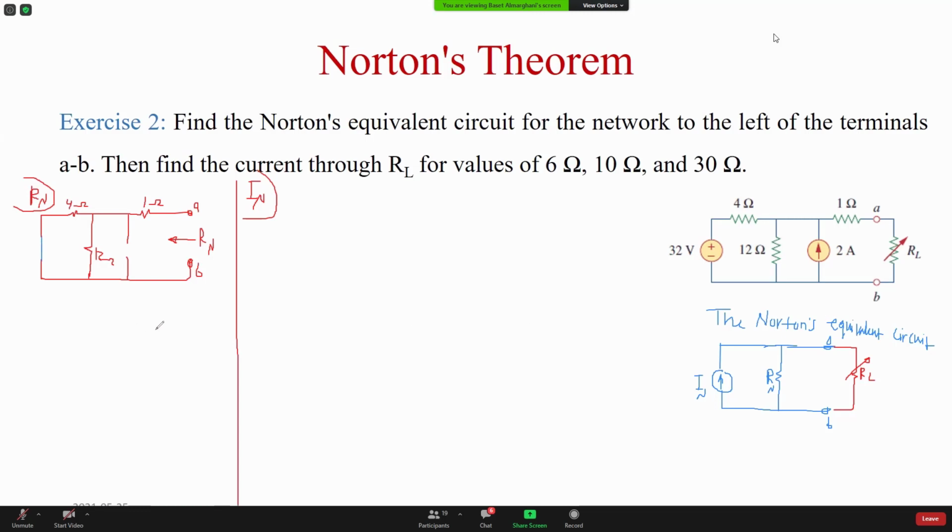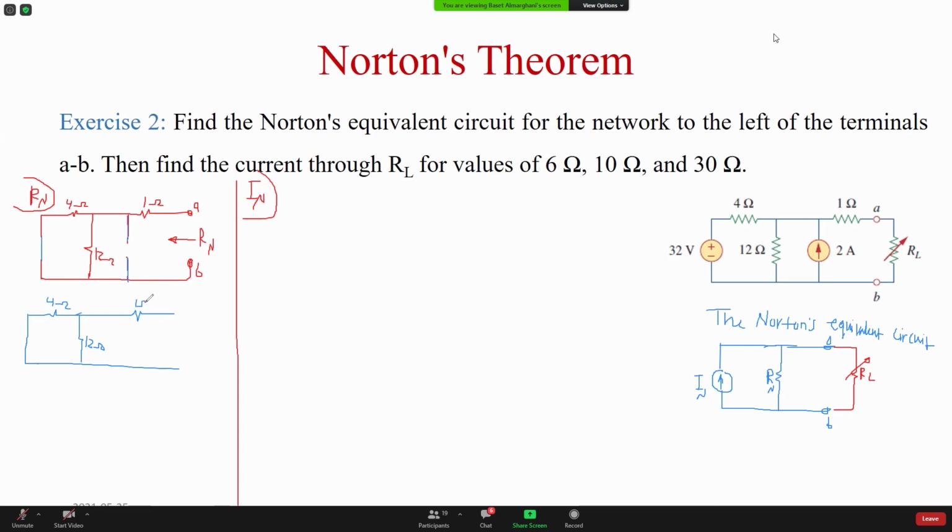And I'm going to try to make it look nicer. The open branch, this branch here, is gone. Even if there is a resistor here or source or whatever, it's an open circuit, خلاص. It's not going to affect the total resistance. So the 4 and 12 are connected in parallel. You can see that clearly.